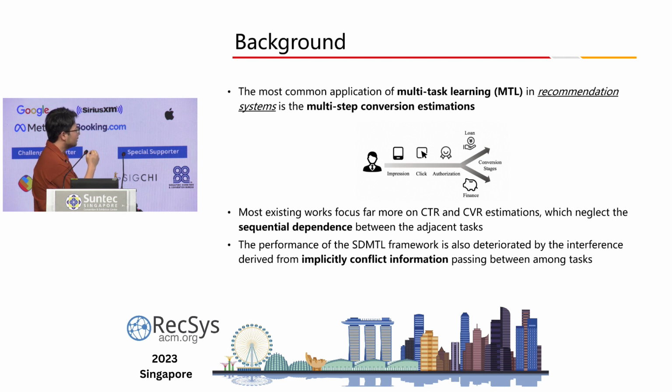Then the user may apply for loans or purchase the financial products. Which implies that the conversion path is different from the traditional CTR or CVR, which maybe has more various conversion paths. Therefore, we focus on the sequential dependence between adjacent tasks.